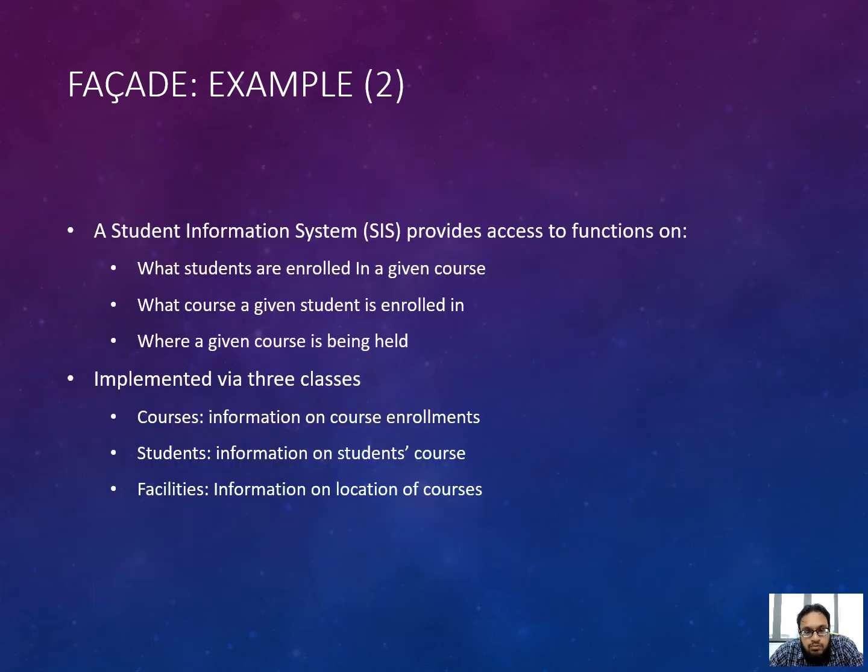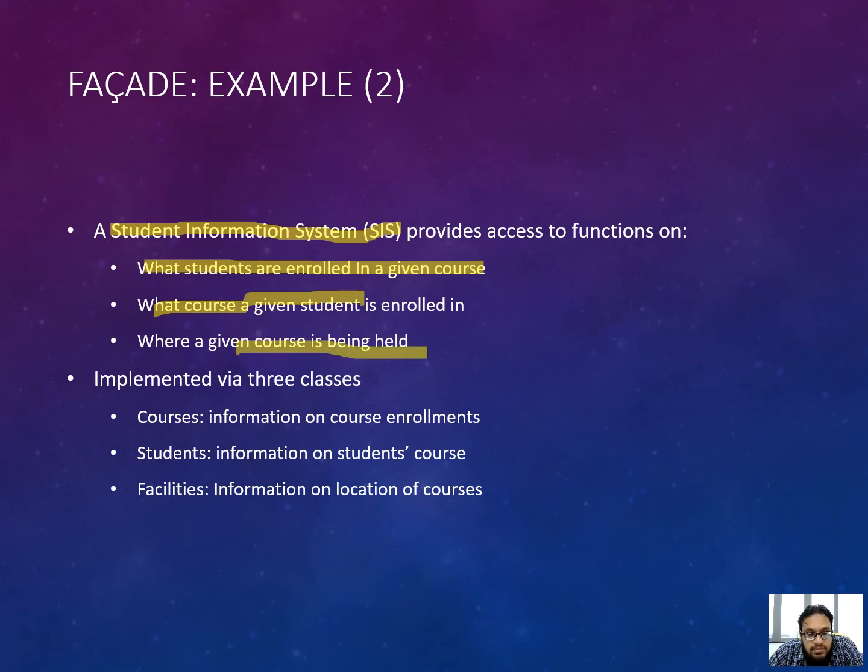So class, another example, a working example. Let's say we have a student information system. We have a student information system that provides access functions to what students are enrolled in a given course, what course a student is enrolled in, and also what courses are being held.